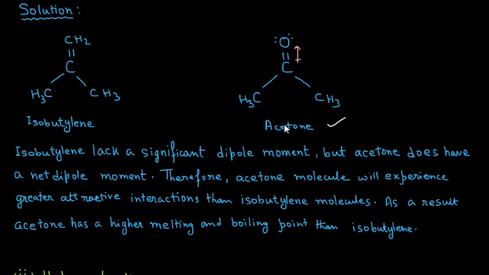Here we mean the molecular dipole moment. Therefore, acetone molecules will experience greater attractive interaction than isobutane molecules. As a result, acetone will have a higher melting and boiling point than isobutane.